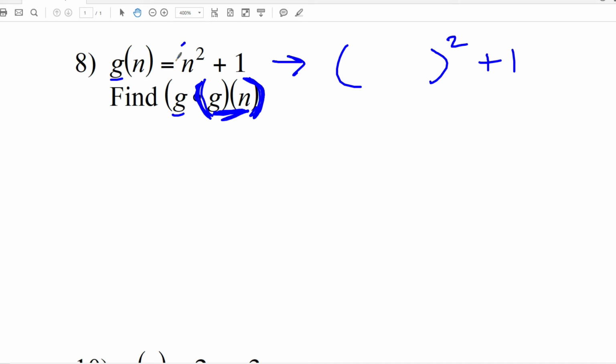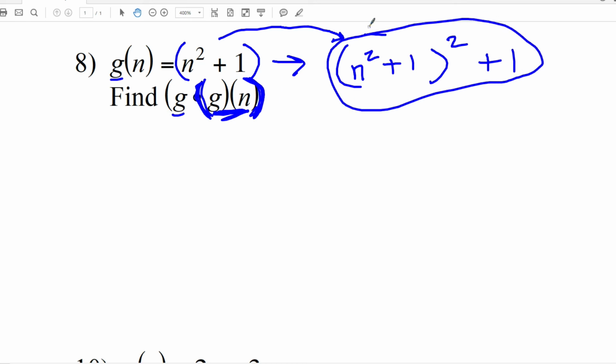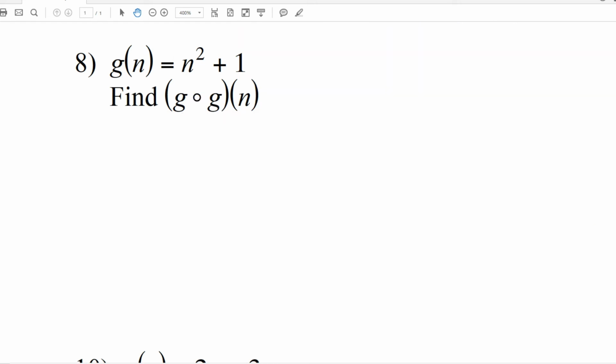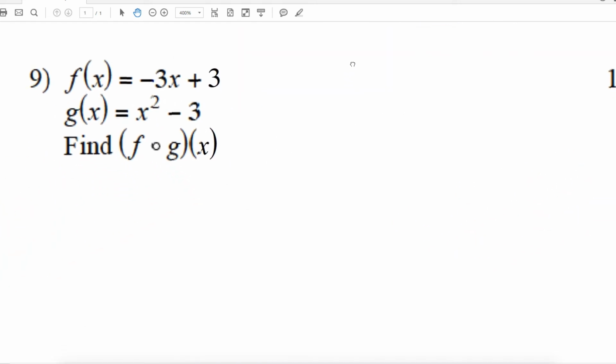What is g of n? G of n is this. So we're going to plug that in right there for the parentheses. We have n squared plus 1. And that's the answer. Again, you don't need to simplify for me. That's all I need to know, that you know where to plug it in.